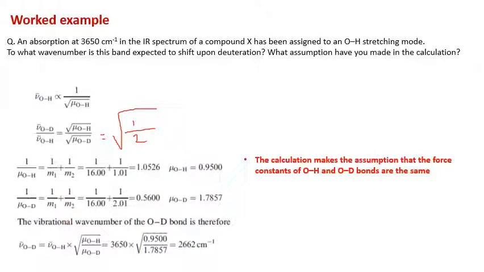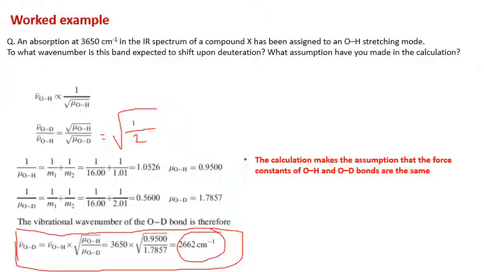If you multiply this value with nu bar OH, that is 3650 centimeter inverse, you will get a value close to 2662 centimeter inverse. Otherwise, you can calculate by finding the reduced masses and then multiplying with the OH fundamental frequency.